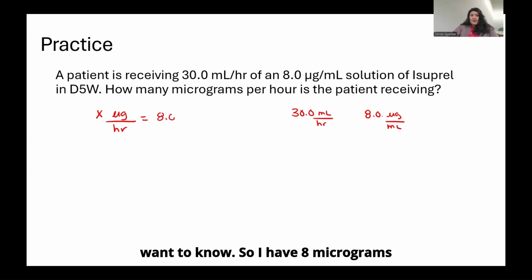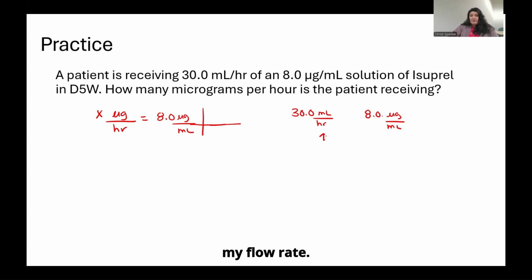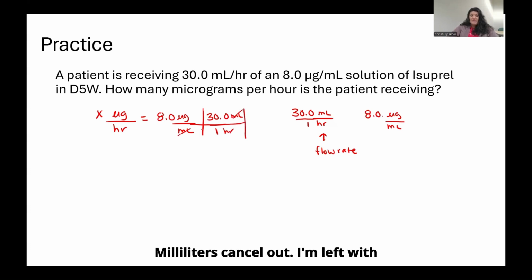Then I have my flow rate, 30 milliliters for 1 hour. I'm going to put it on the top so that my milliliters cancel out. I'm left with micrograms on top, hours on bottom, which is what I want, micrograms per hour.